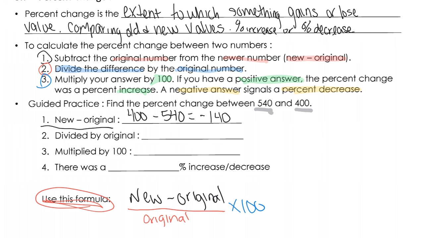Now we take this negative 140 and divide it by the original number, which is 540. What's negative 140 divided by 540?